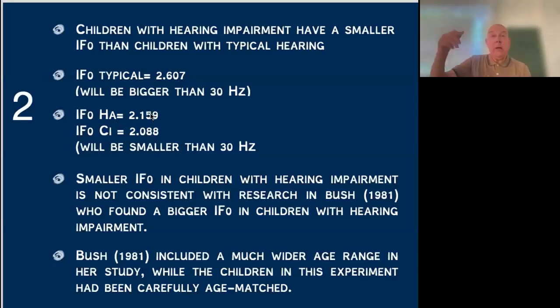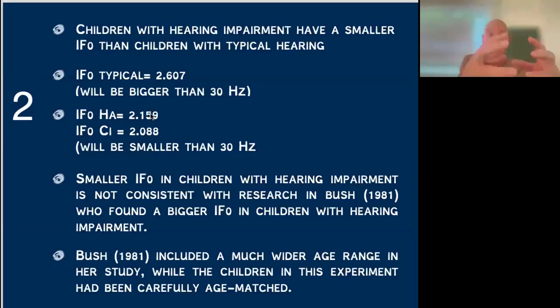It's actually a new finding because there have been previous studies on children with hearing impairment, but there they found bigger IF0 in children with hearing impairment. But then again, the age range in those children was quite substantial.